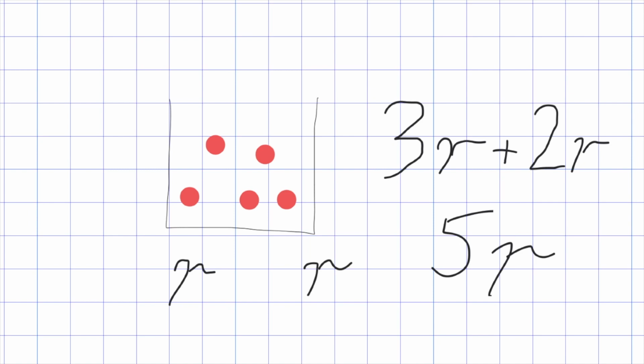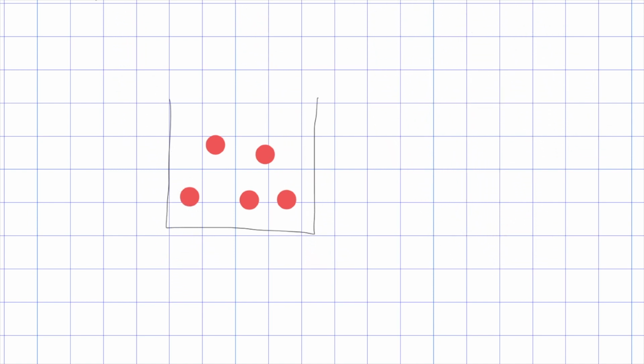So, moving on from that, let's say we want to go the other way. We have 5 R's in our bucket, but we want to take 2 R's out. Well, that's going to be very similar. We're going to consider, first of all, are they like terms? Yes, they are. I have a variable and then the same variable.